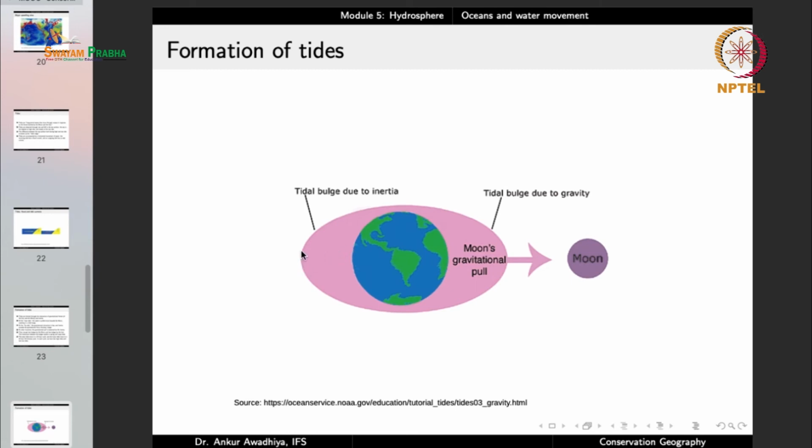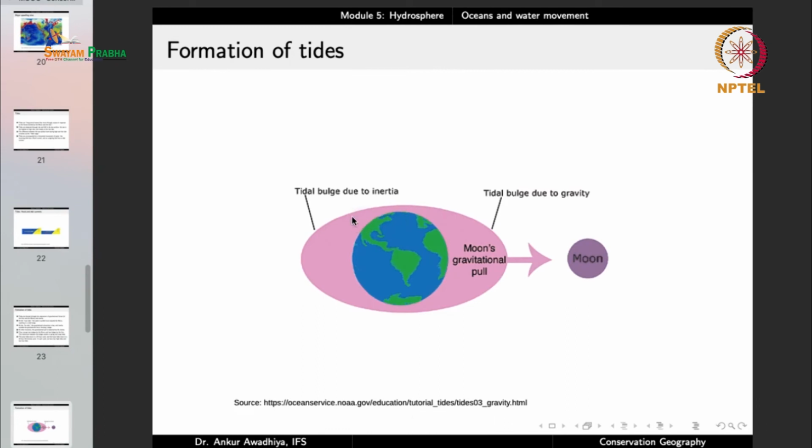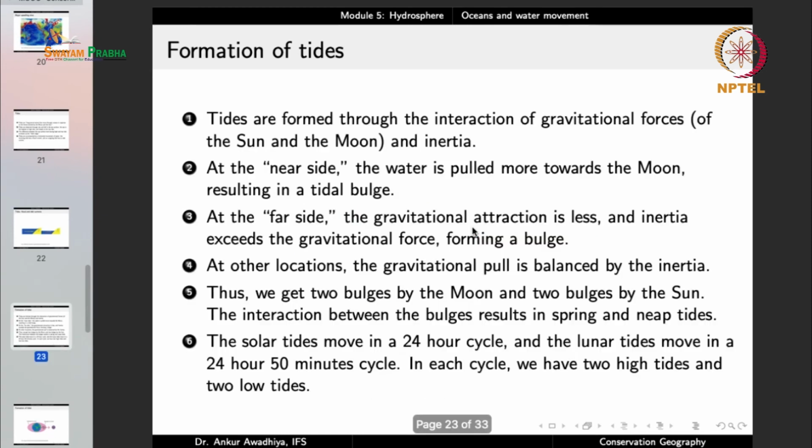So the water remains here because of inertia, the earth moves, and so we get a tidal bulge here as well. At other locations, the gravitational pull is somewhat balanced by the inertia, not completely. So we do get a tide in other locations, but it is not as high.